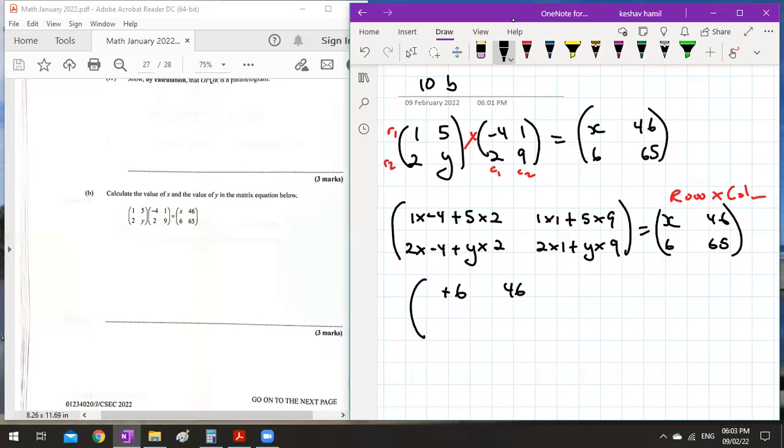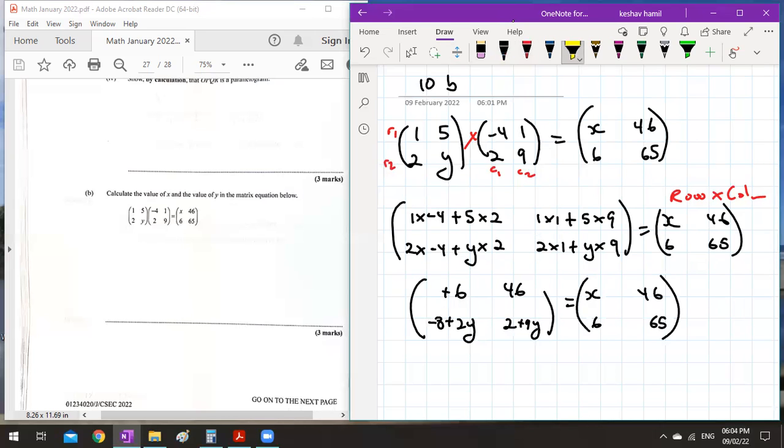And then we have 2 by negative 4, which is negative 8, plus y by 2. So we have negative 8 plus 2y here. And we have 2 by 1, which is 2, plus y by 9, which is 9y. So 2 plus 9y is equal to the matrix (x, 46; 6, 65).